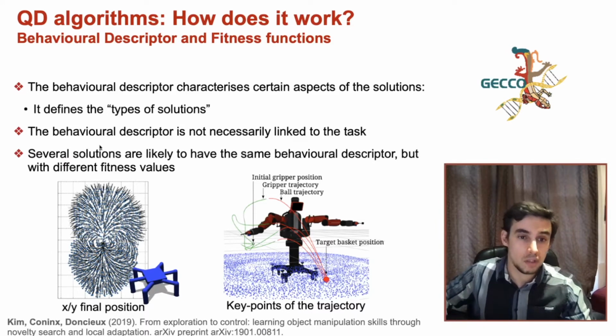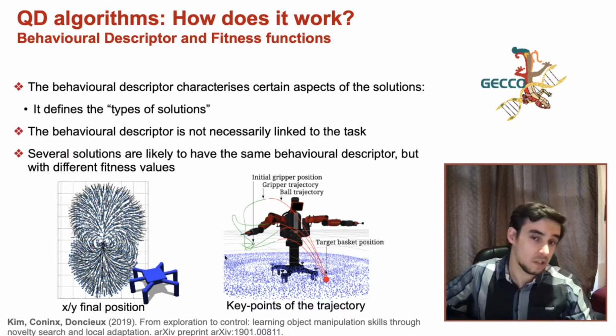So here are two examples of applications. For instance, if I want to use this hexapod robot and I want to learn how to move the different legs in order to control the robot and move to different locations. Here we have the starting point of the robot, and every blue dot that you can see is the final position of the robot after walking for 3 seconds. In this case, the behavioral descriptor will be the X and Y location of the robot.